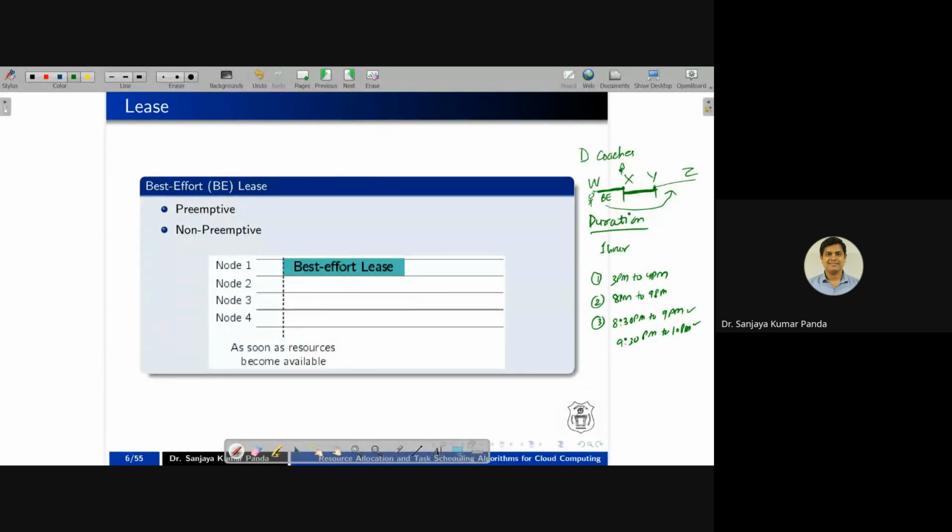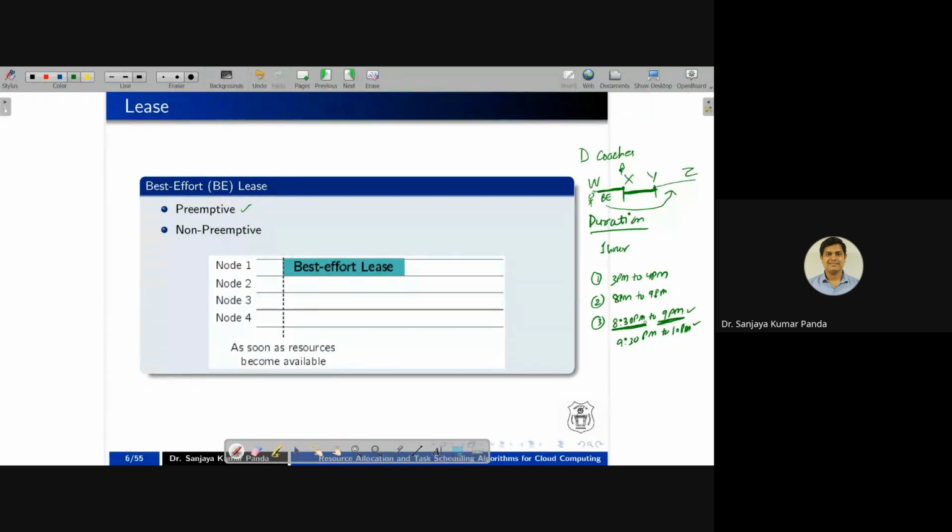Again, this best effort lease is available in two modes. One is called preemptible best effort, another is called non-preemptible best effort. So in operating systems, we know preemptible means in between you can stop, and at a later point of time you can resume. For example, you can see here at 8:30 the best effort lease has started execution, but at 9 p.m. we have preempted it.